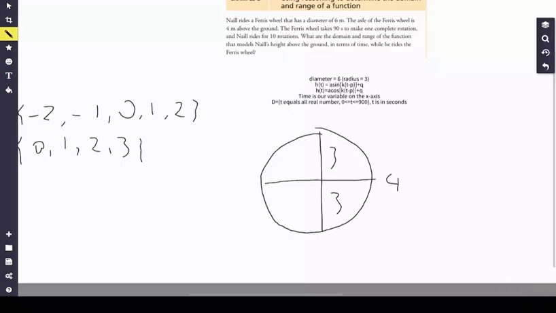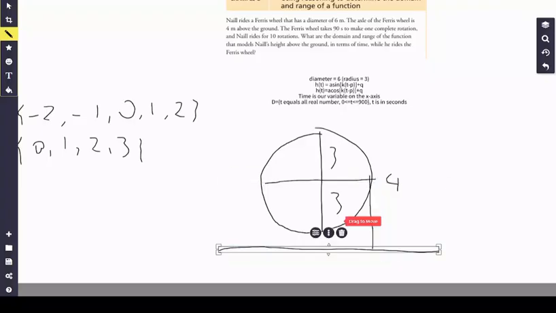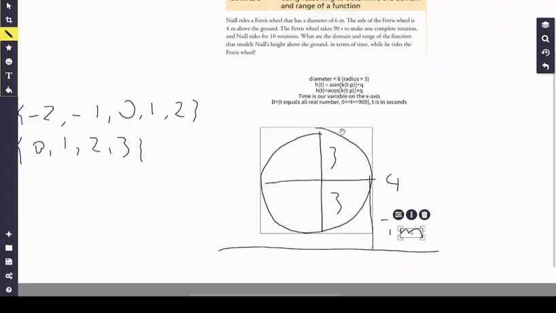So what can we notice? If this is the ground and this is 4 meters and that is 3 meters, then what we have left is just 1 meter.